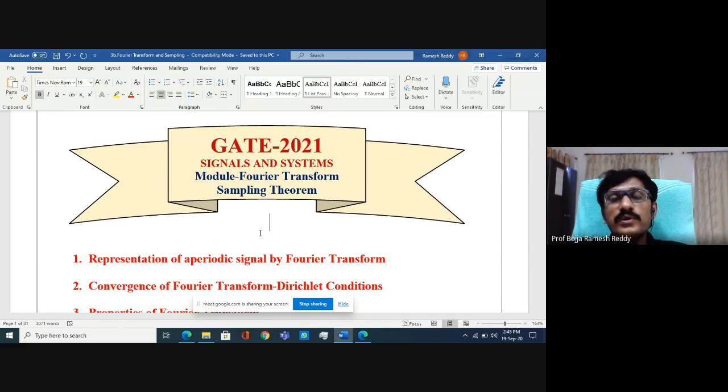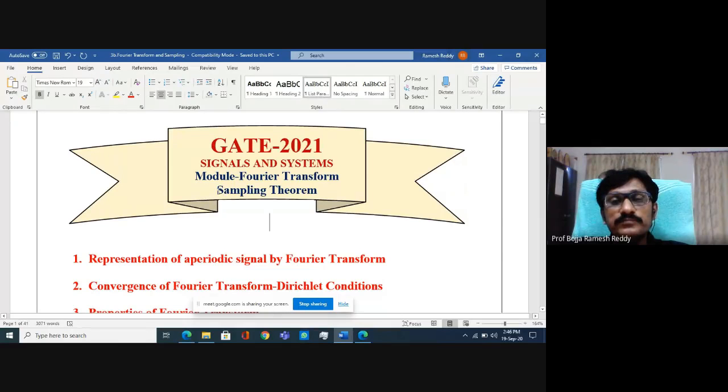To reduce that, you can go for Laplace transform and Z transform. Those are simple methods used to evaluate frequency domain functions. Laplace transform is used only for continuous time signals. Z transform is used only for discrete time signals. After that, we will see discrete Fourier transform, then fast Fourier transform. All these transformations are included in our subject, signals and systems.